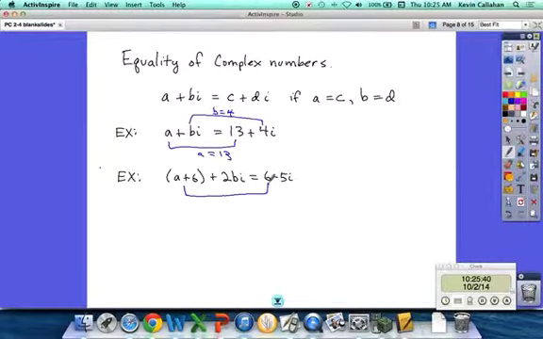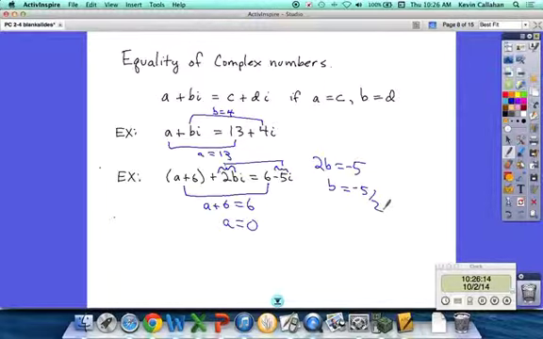The real parts must be equal. So if a plus 6 equals 6, then a equals 0. All right, and what equation will we set up for the imaginary parts? 2b equals negative 5, right? Just that. So if 2b equals negative 5, then b equals negative 5 over 2.